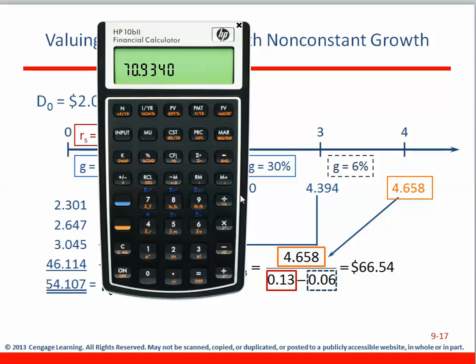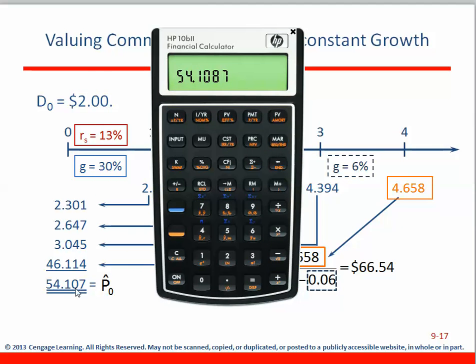So my total time 3 cash flow is 70.934, and so now I can just hit cash flow 3. And so if I want to find out what's the present value, my discount rate is 13%, so I'm going to say 13 is my discount rate, and I want to calculate the NPV. So here I use my orange key, and I get 54.1087, slightly different than this, just due to rounding.